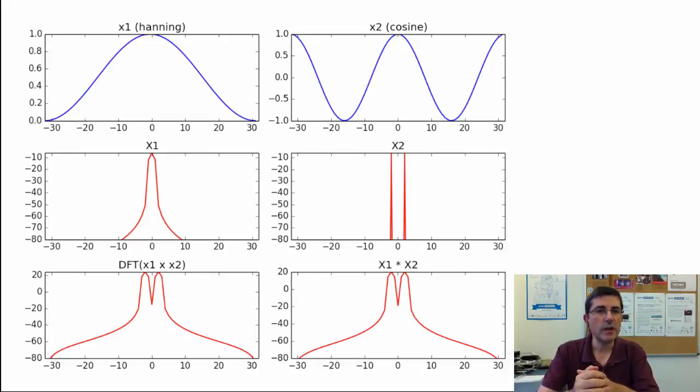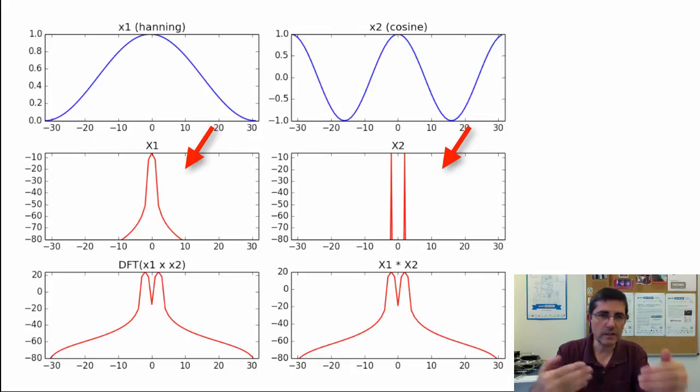Here we start with two signals, x1, x2. We have the DFT of these two, only showing the magnitude spectrum, and we see clearly the magnitude spectrum of these two signals. These are even and real functions, so we see these even symmetries. Then these spectra can be convolved.